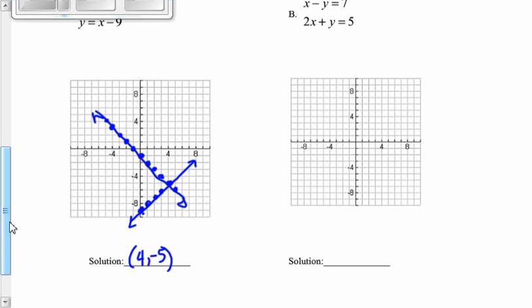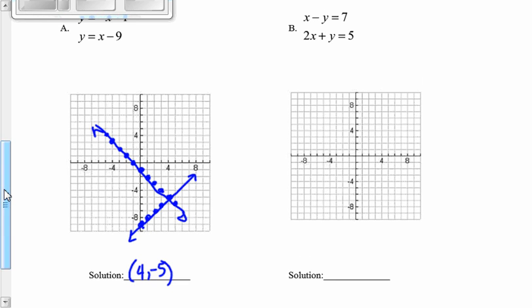So on B, I'm going to have to put these equations in slope-intercept form first. So in the top equation, I'm going to go ahead and subtract by x and then divide by -1. So I have a y-intercept of -7 and a slope of 1.